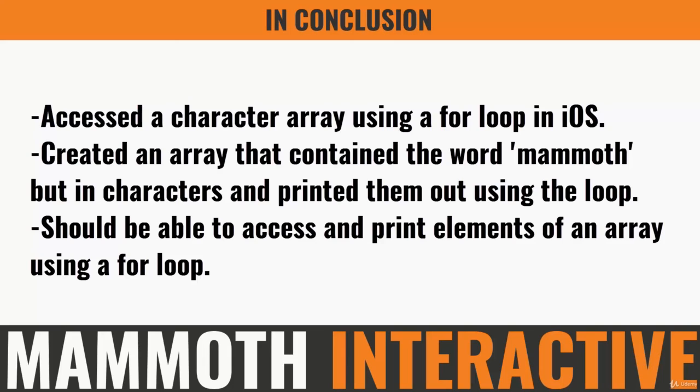So we used mammoth with the I in the square brackets rather than a number, so that with each iteration of the loop, it's printing out the element at the index specified by the count of the loop. Okay, so I know it's a little complicated, but the video should have made that clear.